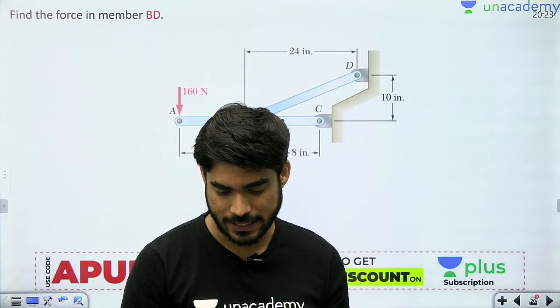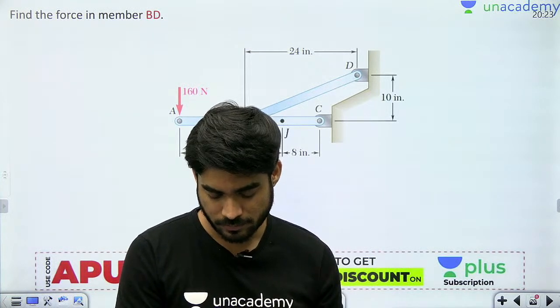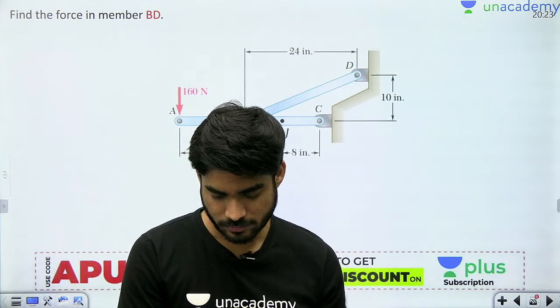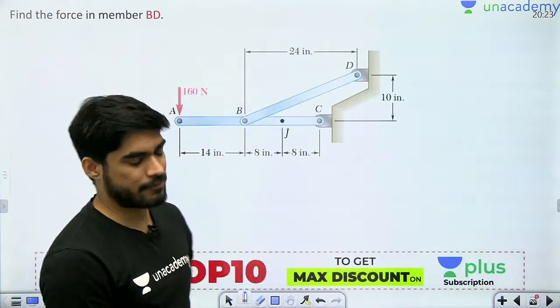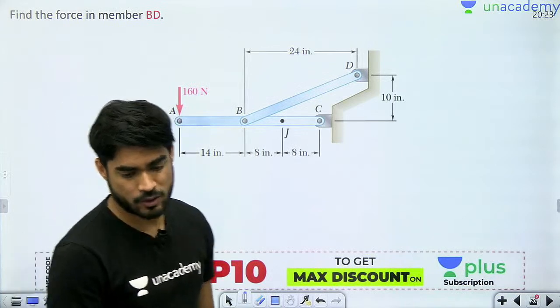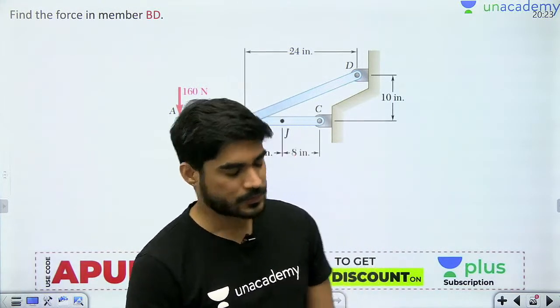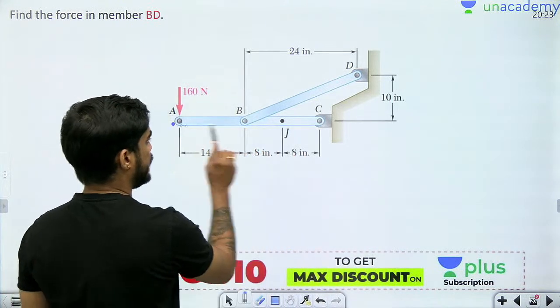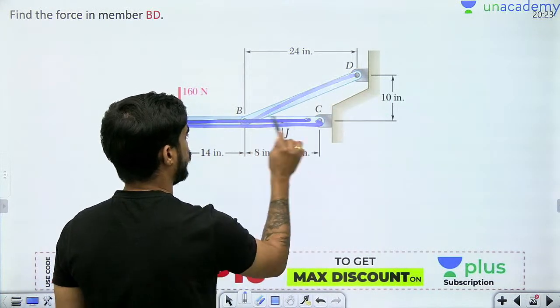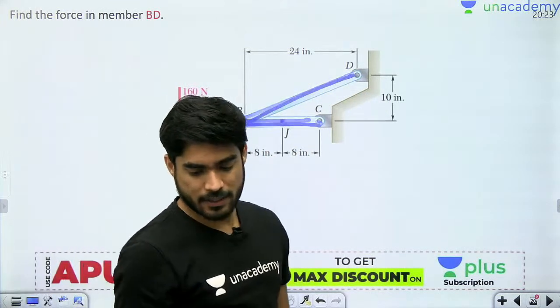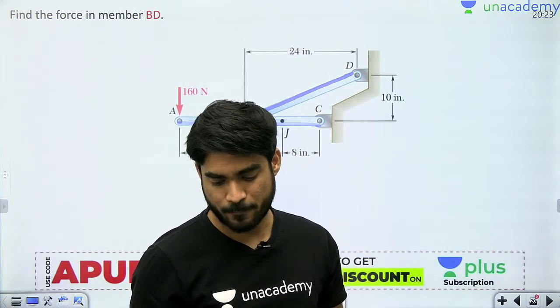Can you tell me which member is 2 force member and which member is multi force member? One of these members ABC and BD is 2 force member and one member is multi force member. Can you tell me which one is a 2 force member?